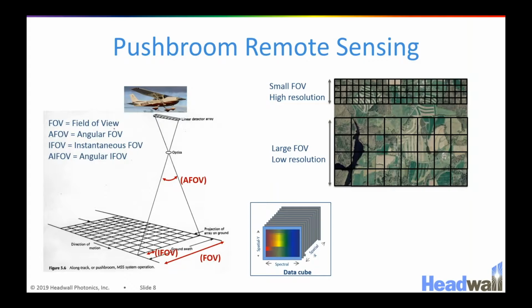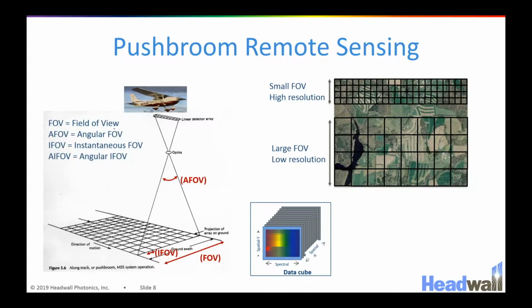So how do you collect a whole scene? How do you build up a data cube? When we are talking about hyperspectral data, it's often popular to talk about the so-called data cube. A hyperspectral system will collect 3-dimensional data: 2 spatial dimensions and 1 spectral dimension.